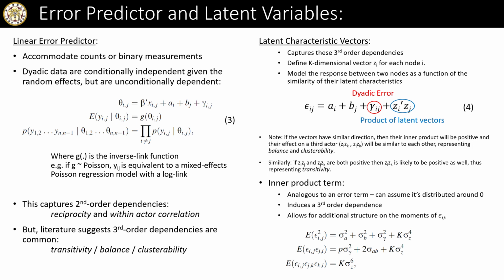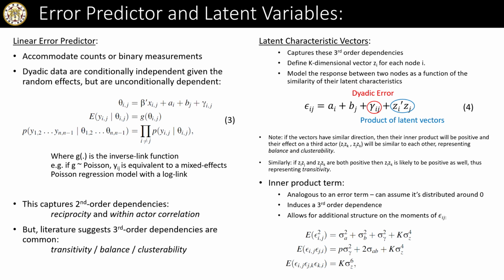All right, and so they then use a linear predictor, and so this can accommodate count or binary measurements. And so the dyadic data is conditionally independent given the random effects, but unconditionally dependent.